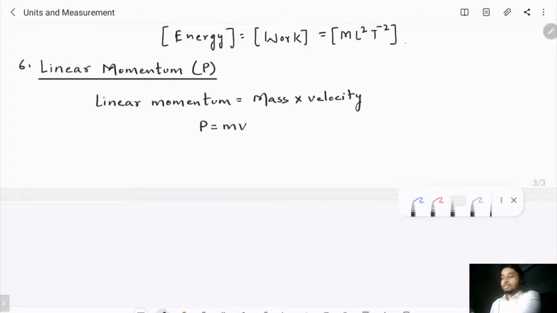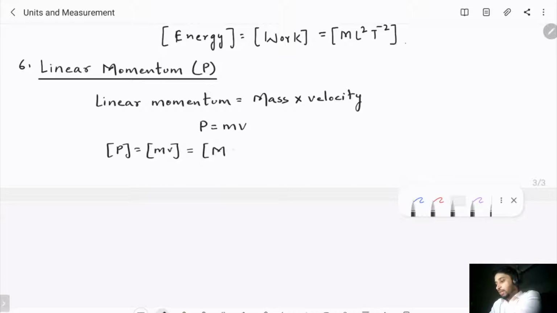So for finding the dimensional formula, we'll equate the dimensions. So the dimension of the momentum P will be same as the dimension of mass into velocity. So the dimensional formula for mass is capital M. It's a basic quantity.